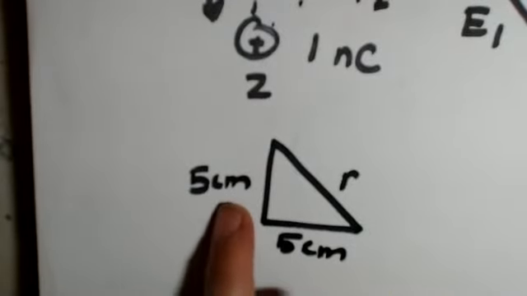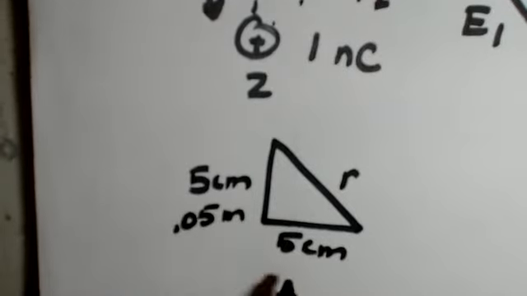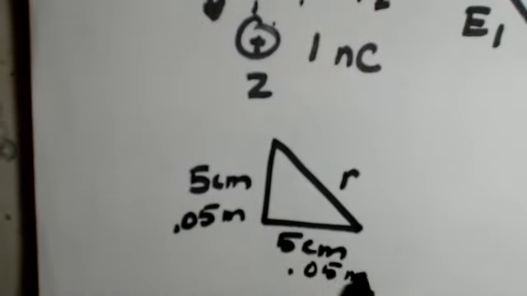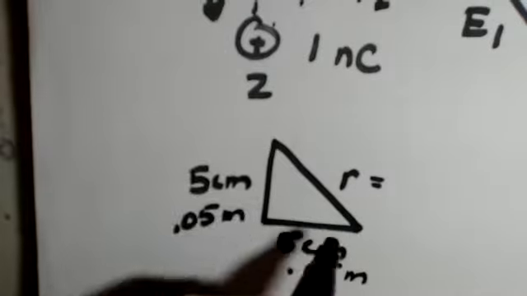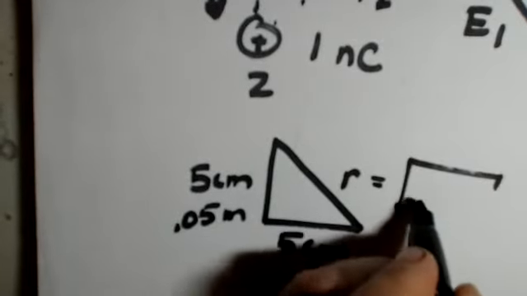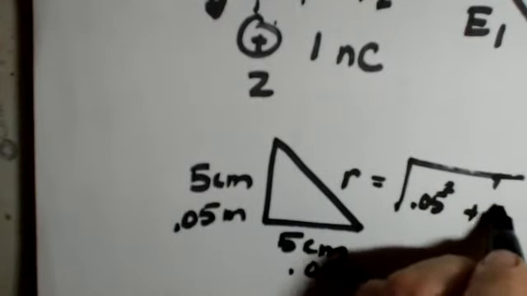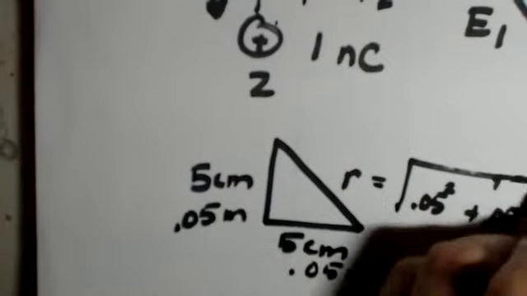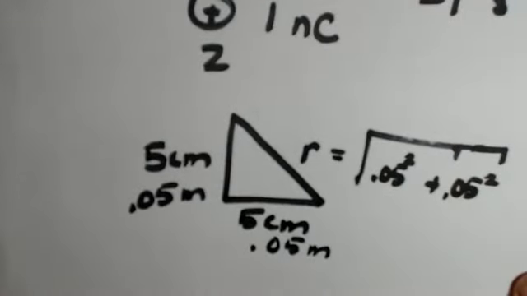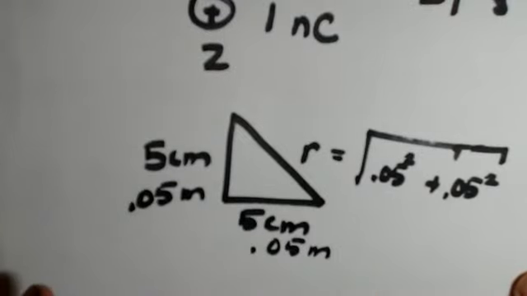Now, again, I don't like centimeters, so I just need to go ahead and make those 0.05 meters before I do any math and mess myself up. But I can find this by using Pythagorean theorem again. That's just going to be 0.05 squared plus 0.05 squared. Take the square root. Okay? So you can find that R pretty easy.